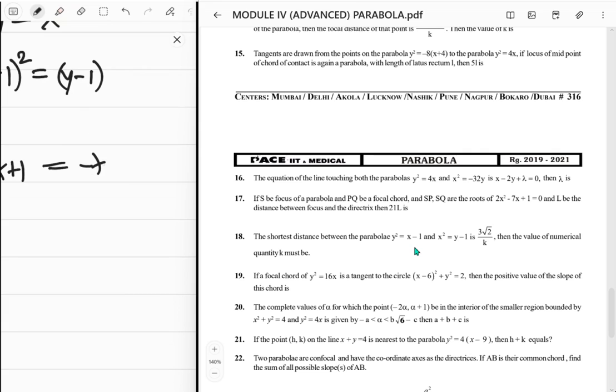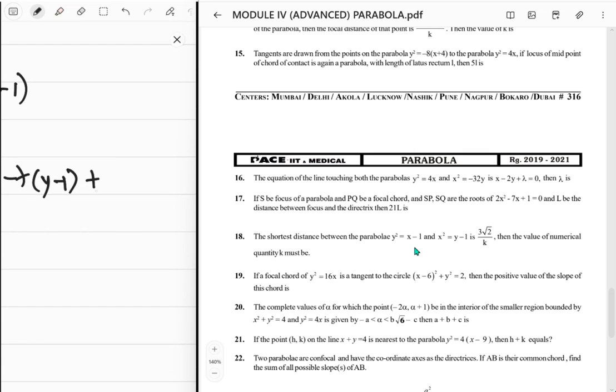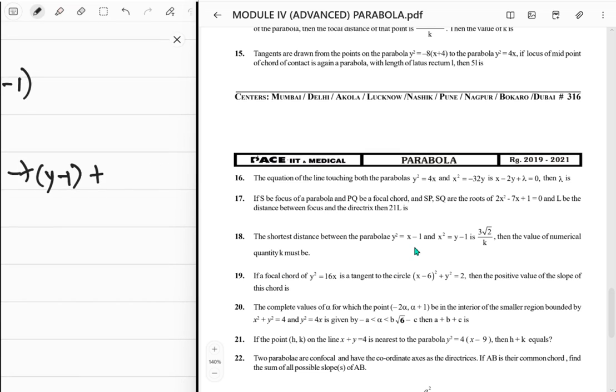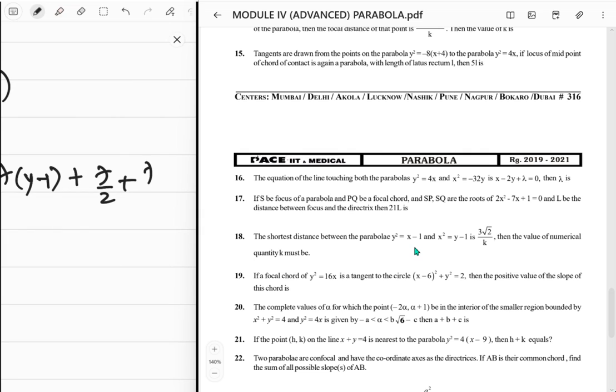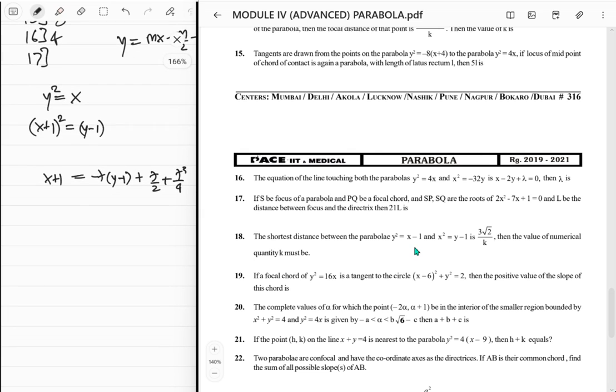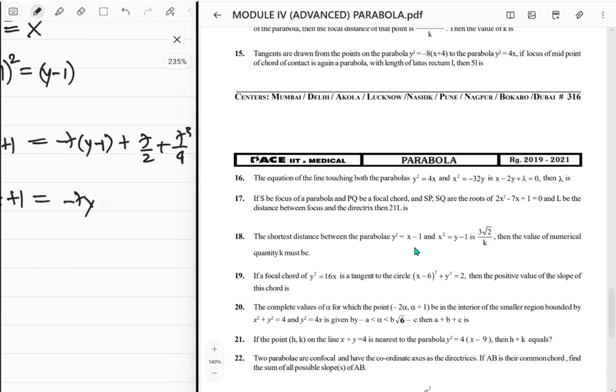Oh, it should not be tx. Instead of x, you're going to put minus 1 over there, plus 2at. In this case, a is of course just 1 upon 2. So plus 1 upon 2 times t, plus t cube upon 4, right? So x plus 1 is equal to negative ty, plus 3 upon 2t plus t cube upon 4.